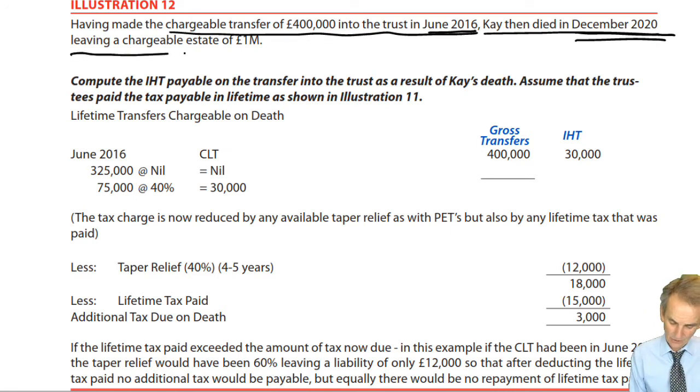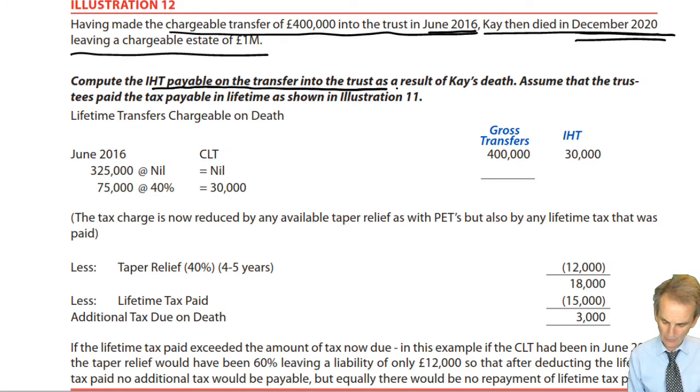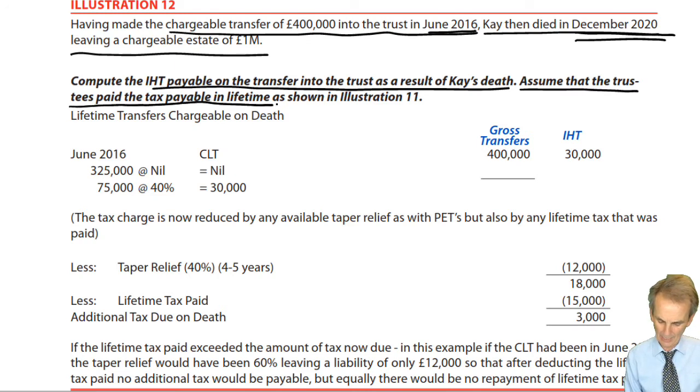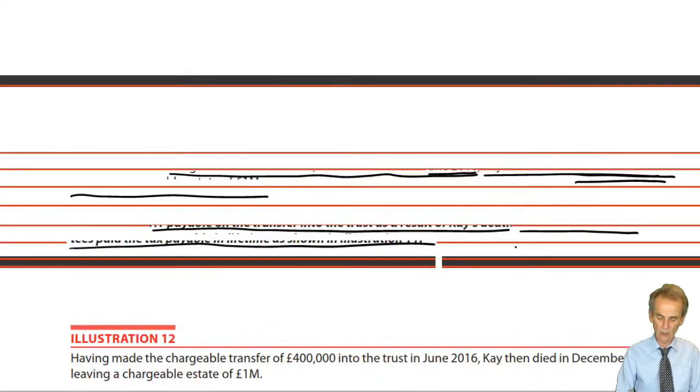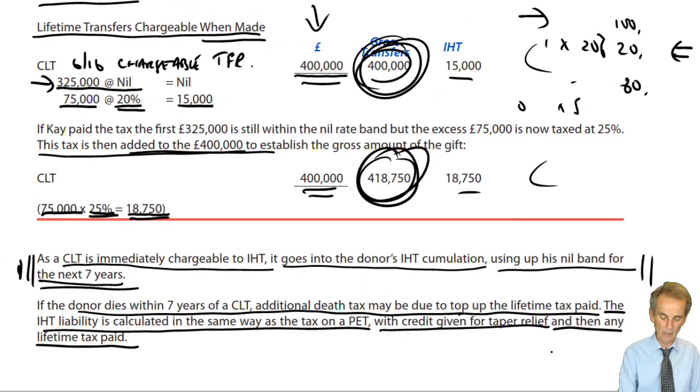And she left a chargeable estate of £1 million. Compute the IHT payable on the transfer into the trust as a result of Kay's death. Assume that the trustees paid the tax payable in lifetime as shown in illustration 11. So in illustration 11, it was the first of the two scenarios that we were dealing with.